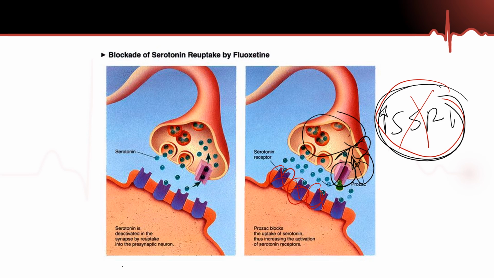And what about the neuron that actually binds serotonin? It only has a few receptors left for serotonin. So look at the situation you're getting yourself into here, right?